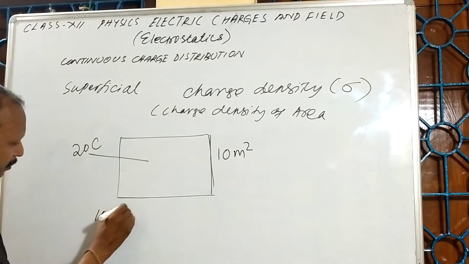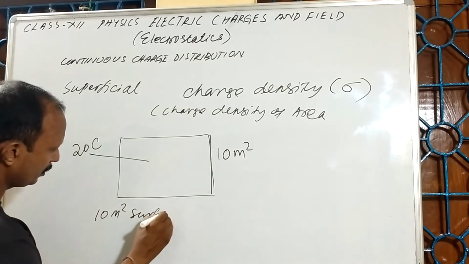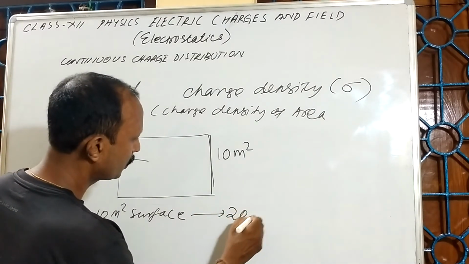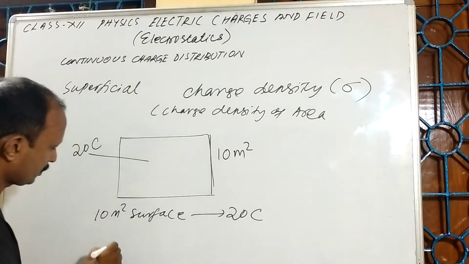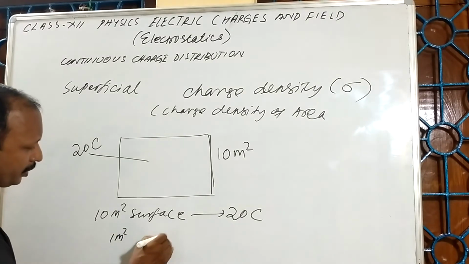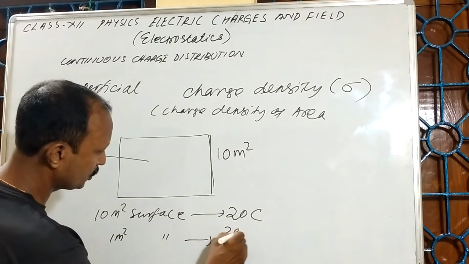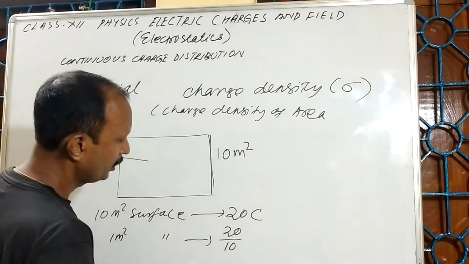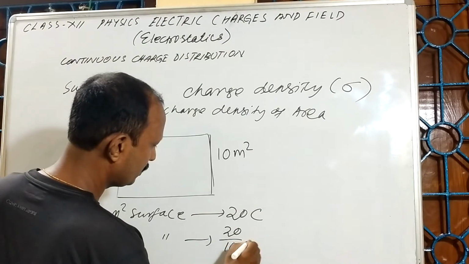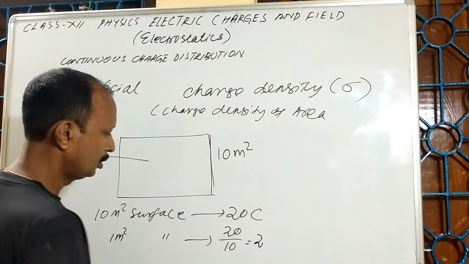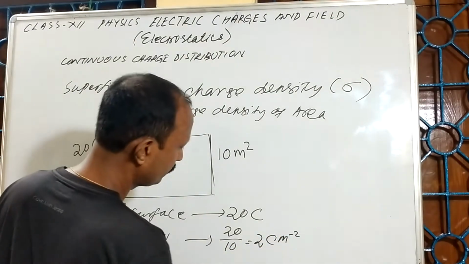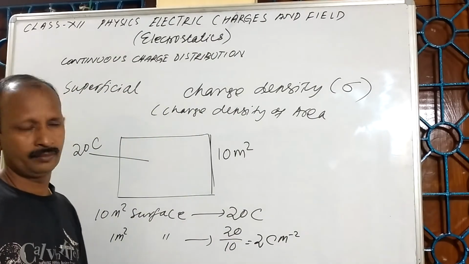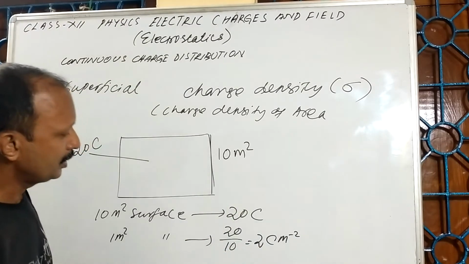Suppose 10 square meter is the surface and the charge is 20 coulomb. That means for 1 square meter surface, the charge is 20 upon 10. That means this is 2 coulomb per square meter.